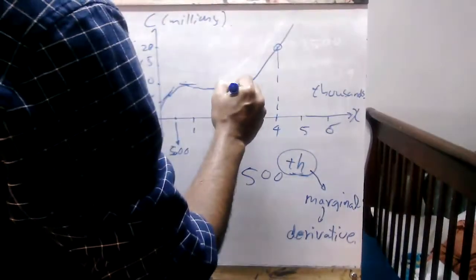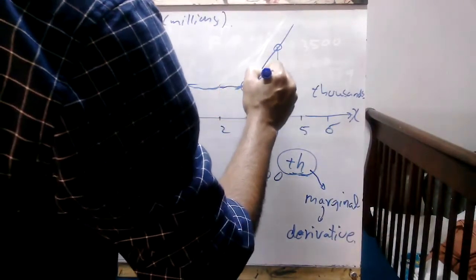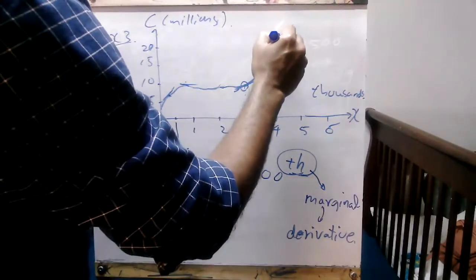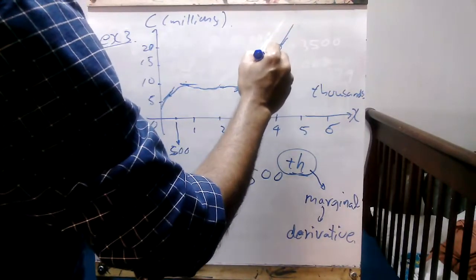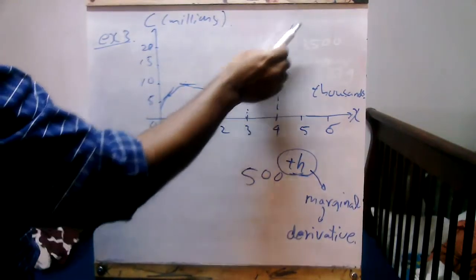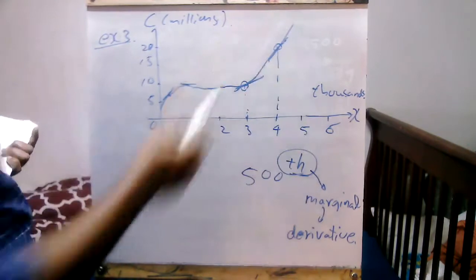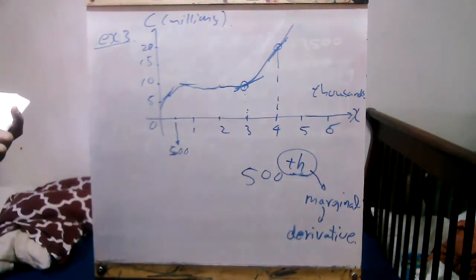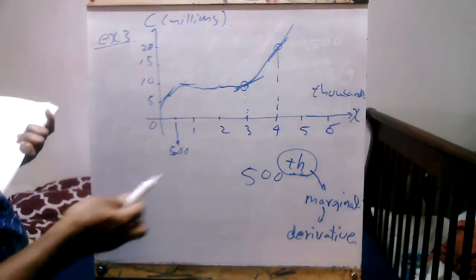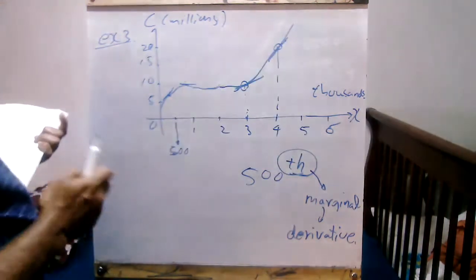So here the slope is like this, the slope of the tangent line. The slope of the tangent line is almost like this, right? Which slope is more, this or this? The slope here is more. Therefore producing the 4,000th item costs more.